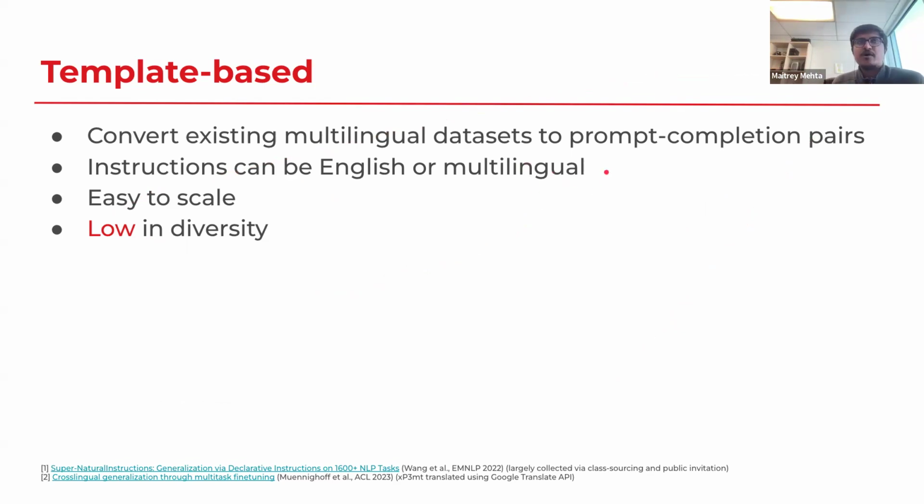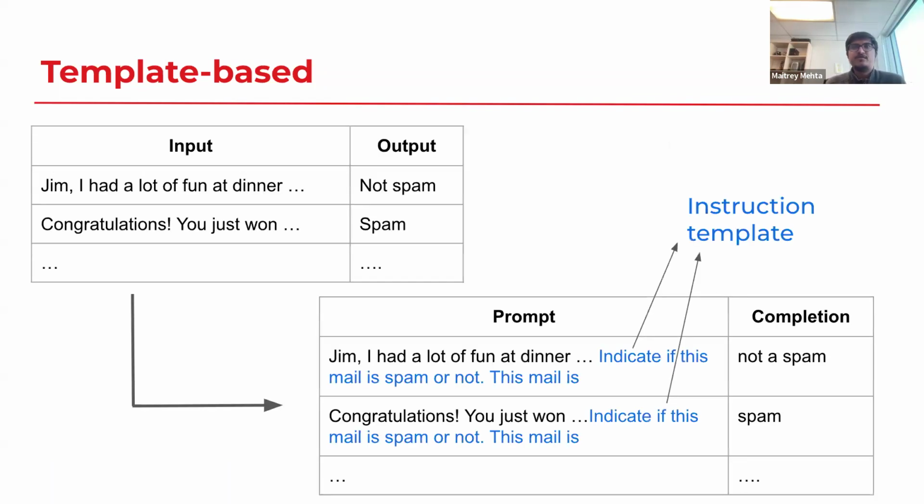The reason why they are so popular is because they are easy to scale. You just need one instruction template per task, right? And you can apply it to the entire data set, and you have a new instruction fine-tuning data set. So it's extremely scalable, right? But the downside is that you lack diversity. For example, there are multiple ways where I can write the instruction to detect a spam or not, right? So this is one way.